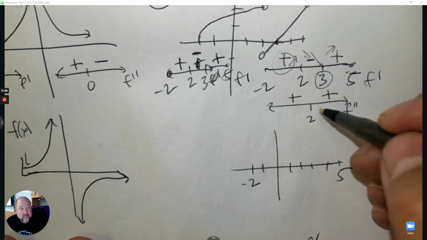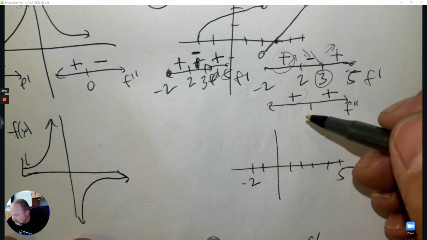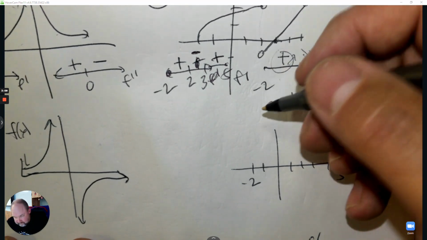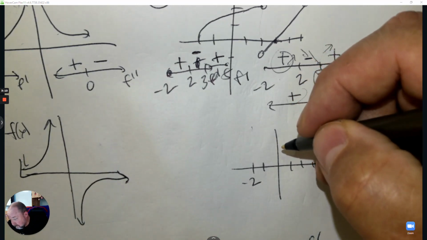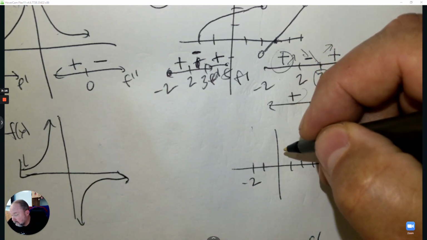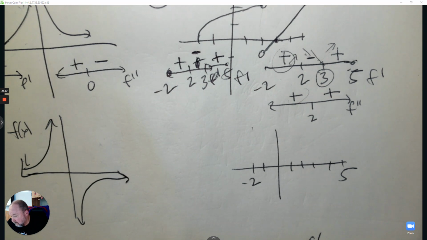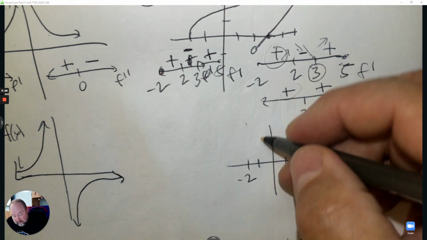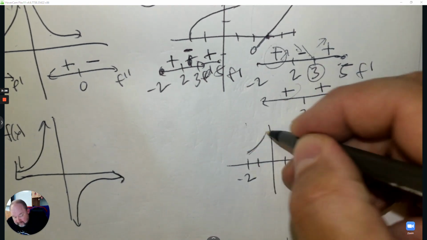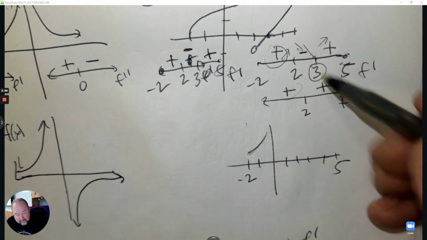So it increases and concave up. So it increases and it's concave up, and that happens all the way to 2.